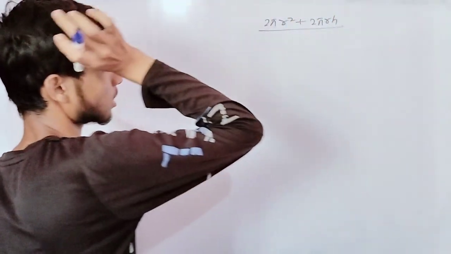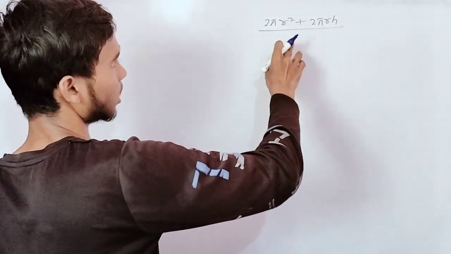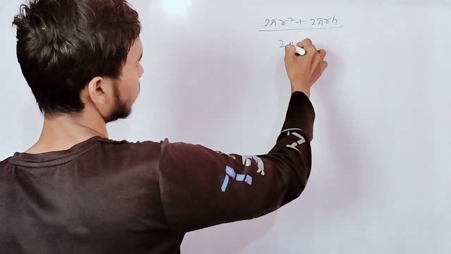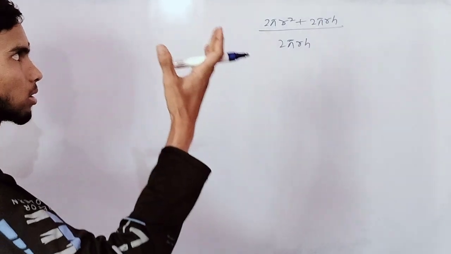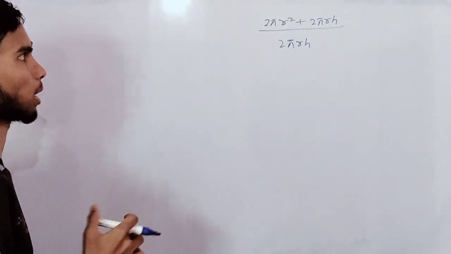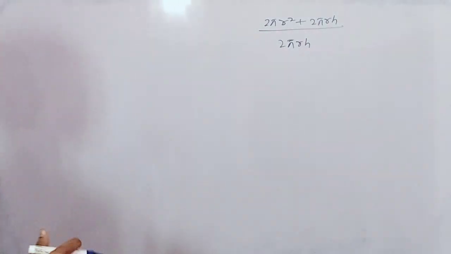Lateral surface area is only 2 pi r h. You don't take two circles, only 2 pi r h to find the lateral surface area of a cylinder.